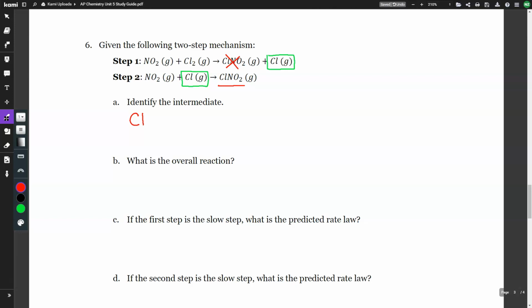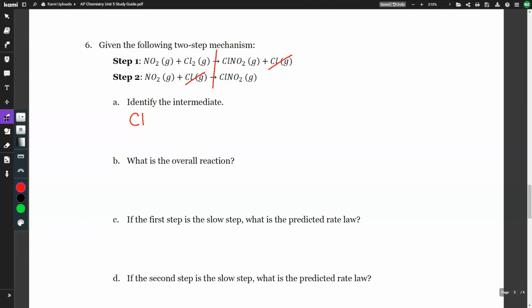What is the overall reaction? So when we write out our overall reaction, we are going to just eliminate anything that exists on both sides. So chlorine being our intermediate will be eliminated from the overall reaction because it exists on both sides. So if I draw a line here, it exists on both sides. And that's the only thing.